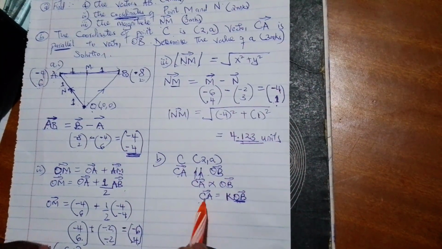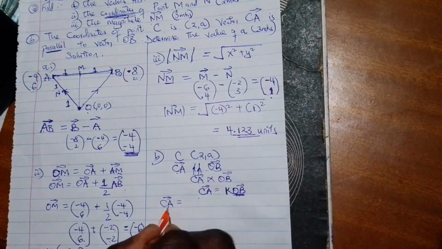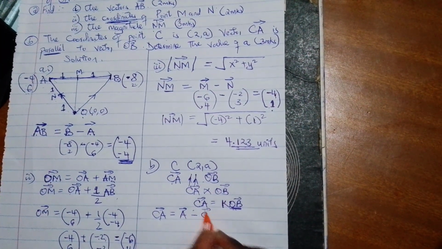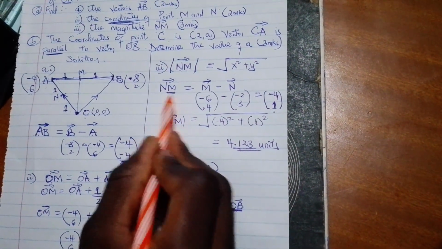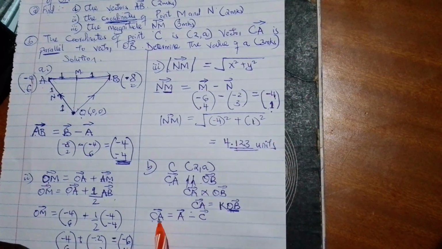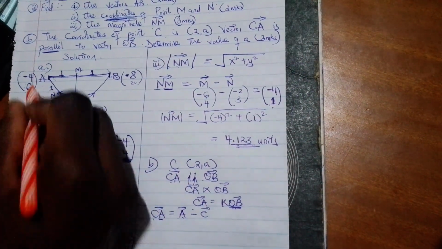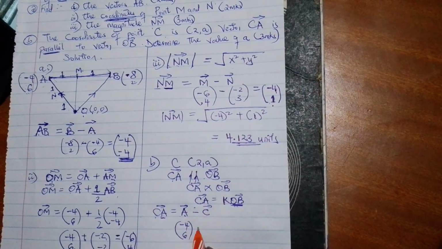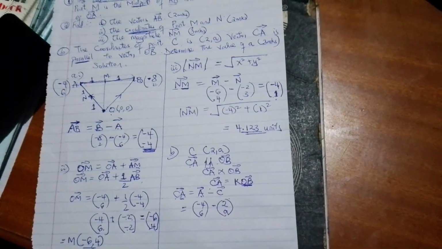So let's get CA. How do we get it? The vector coordinates at point A minus the vector coordinates at point C. If it is NM, then M minus N. We start with the one at the second place minus the previous one. So A is (negative 4, 6) minus C, which is (2, A).